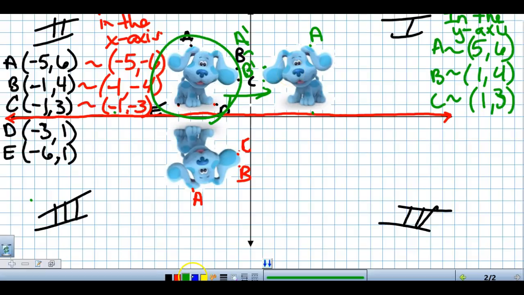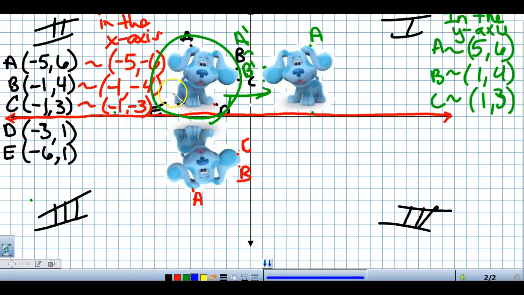Last but not least, what happens if we're reflecting a figure about the origin? When we reflect about the origin, both coordinates change signs. Okay? So if you know your coordinate system here, quadrant 2 is negative x value, positive y value.